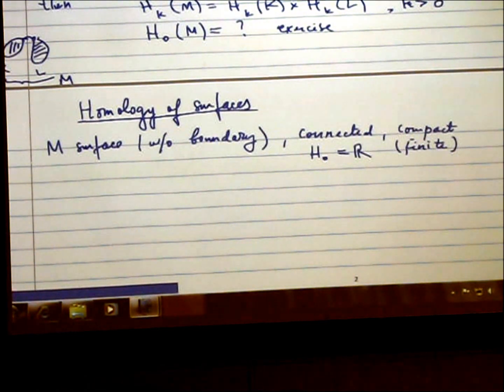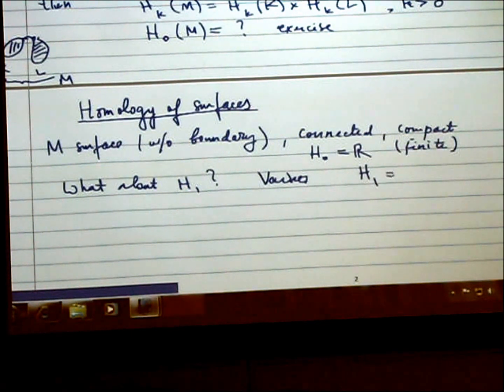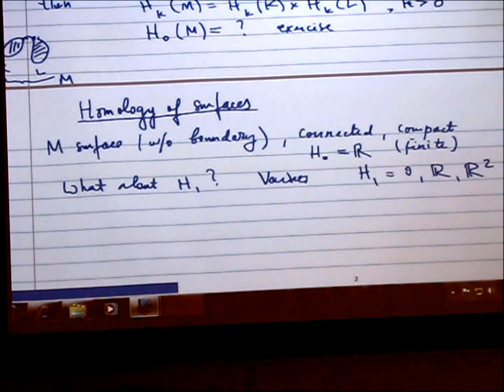Well, then there is H1, right? And we know that it varies a lot. So H1 could be 0, it could be R, could be R squared. Well, can you give me examples for each of these?